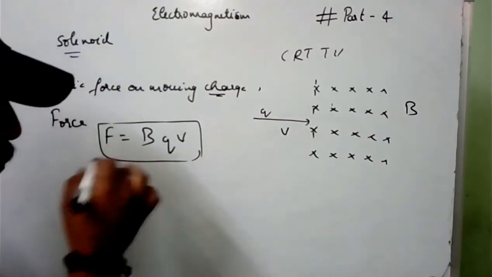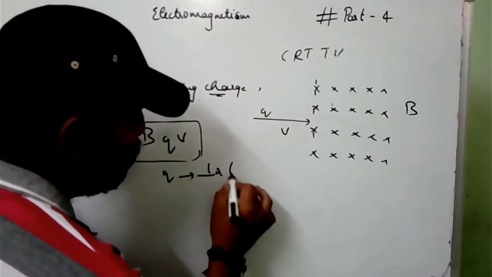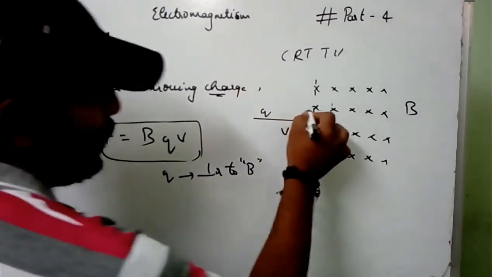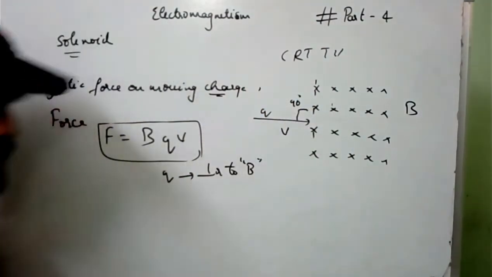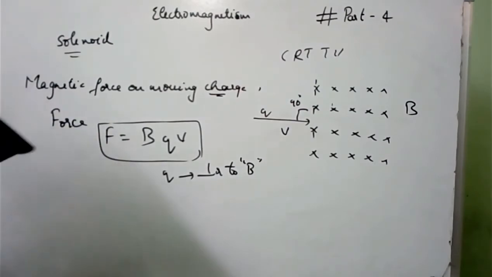We write this formula when the charge is moving perpendicular to the magnetic field. When the charge is moving perpendicular to the magnetic field, the formula is F = BQV.